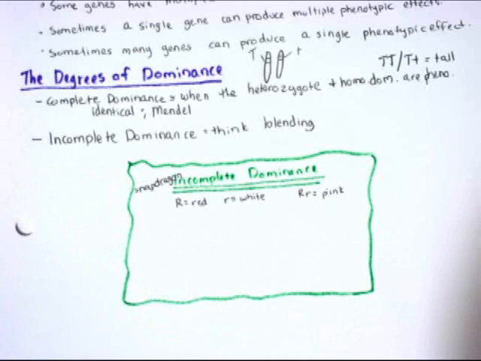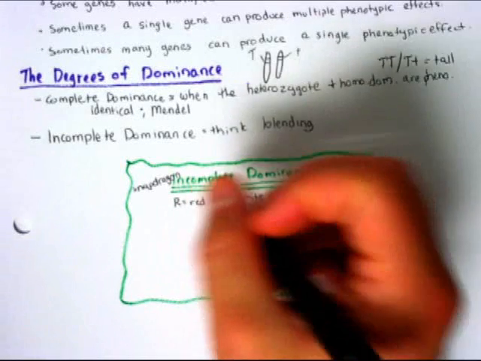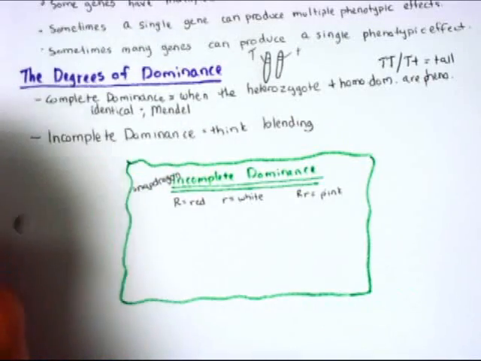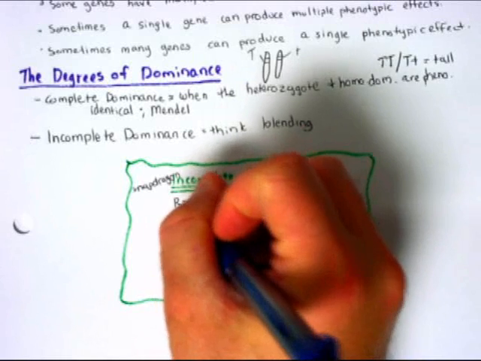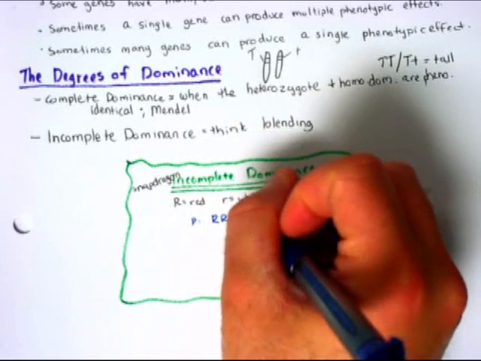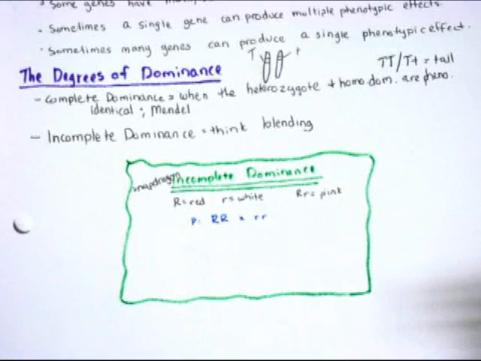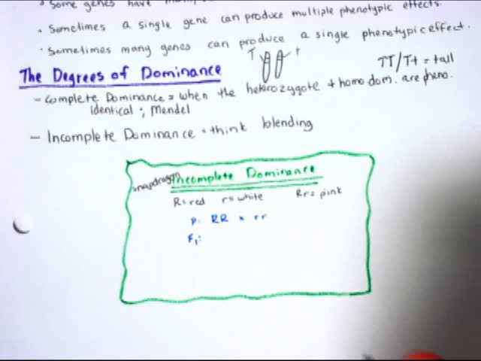Now we could run Mendel's experiment through this, or rather, run these through Mendel's experiment. Let's do that real quick. Remember in Mendel's experiment, you started out with two parents that were both true breeding, correct? So in the parental generation, we would start with big R, big R, crossed with little r, little r, correct? And that would result in the first generation, F1.